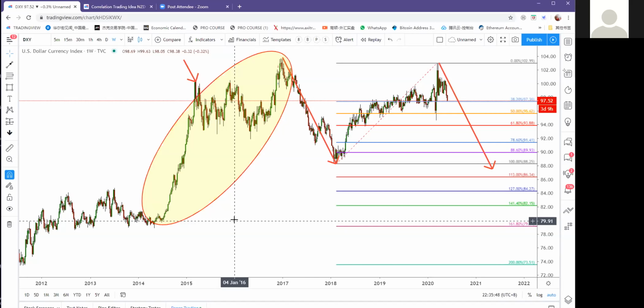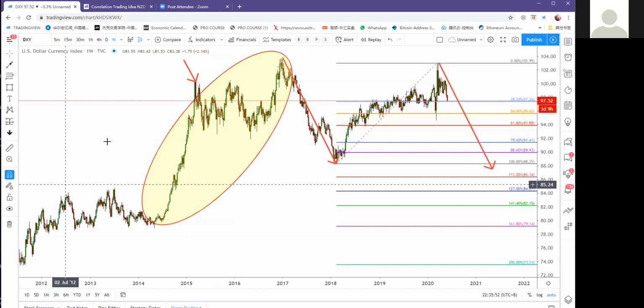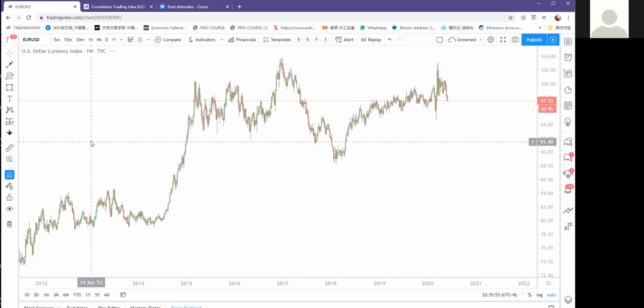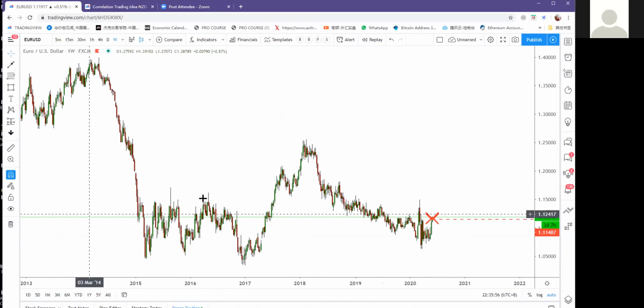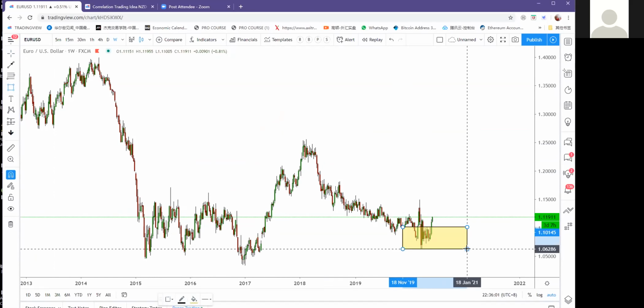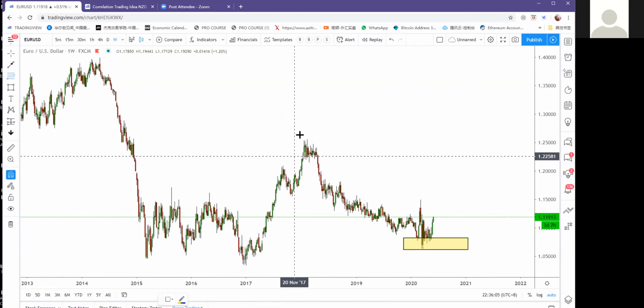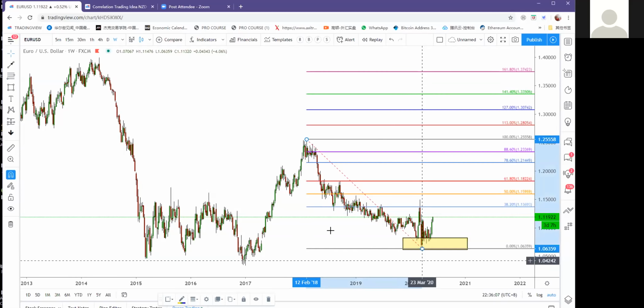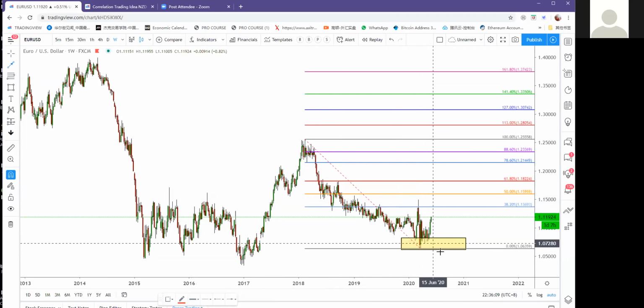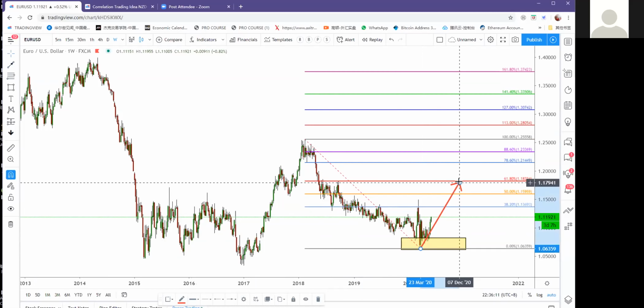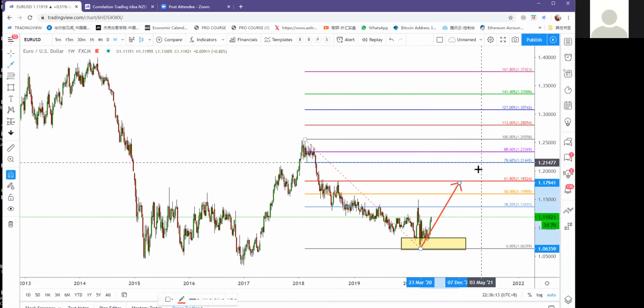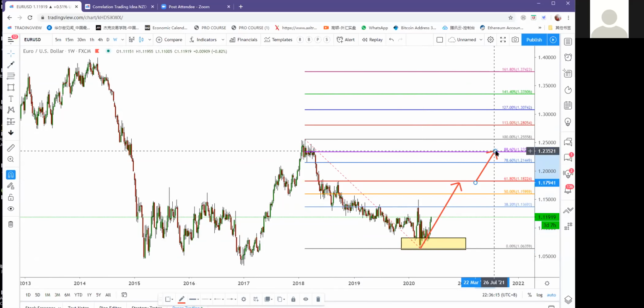Yeah, the non-dollar, right? The major pairs. You're right. Okay, so let's go to the euro. Although the euro's fundamental is bad, if the dollar really becomes weak, the euro may pull back to the entire downtrend wave, all the way to 618, and the second target will be 1.23, somewhere here.